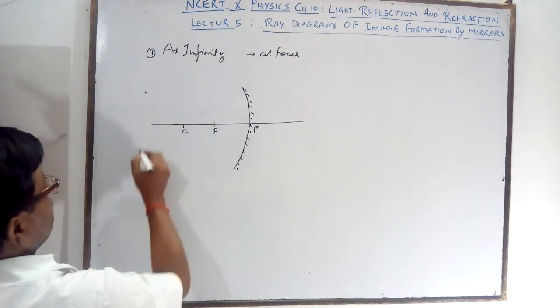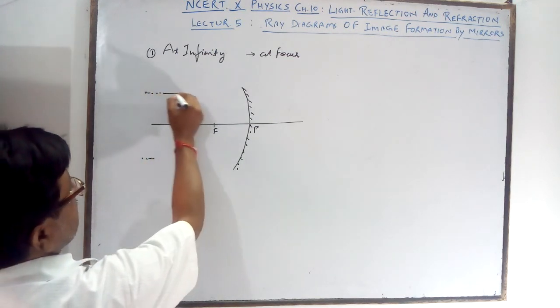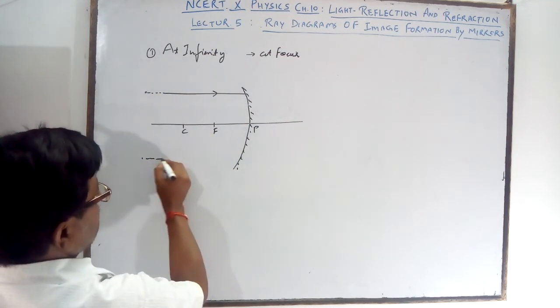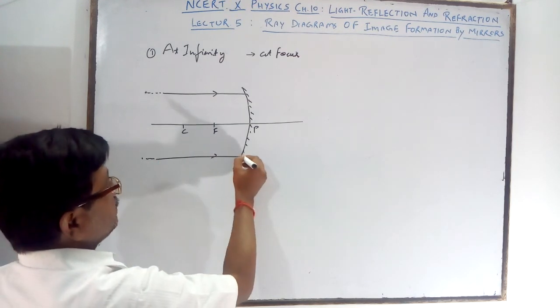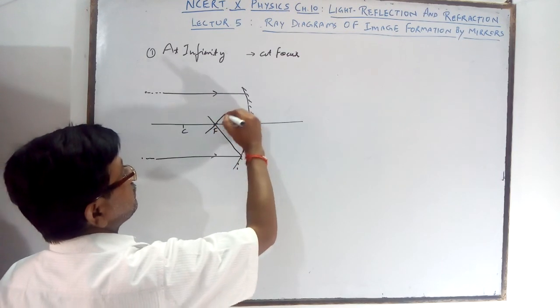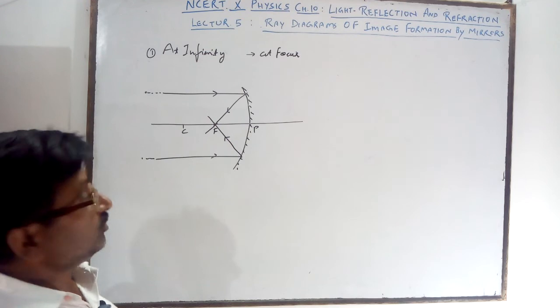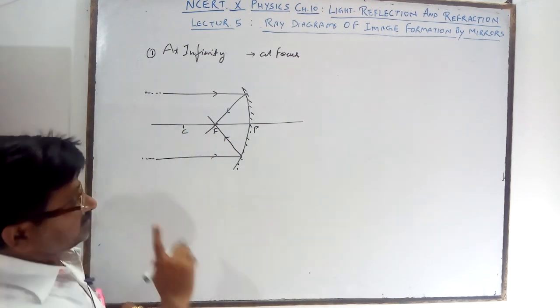Here is the point. We'll take two points at infinity, then draw some dotted line and then draw only one ray. All the rays pass through here. It is a very simple point-sized image formed at the focus. Point-sized image, it is the first condition.